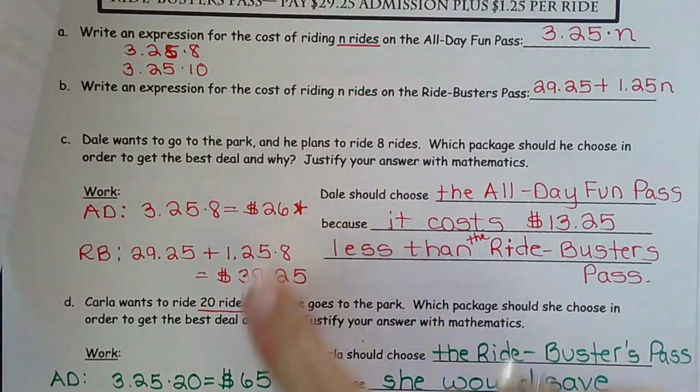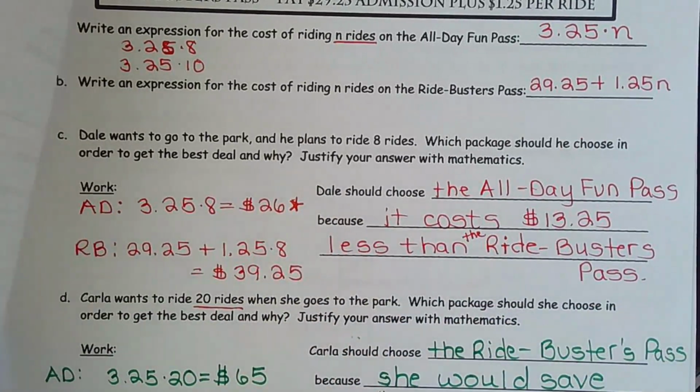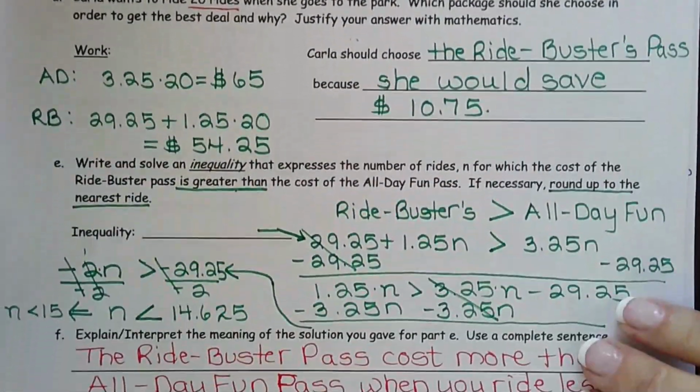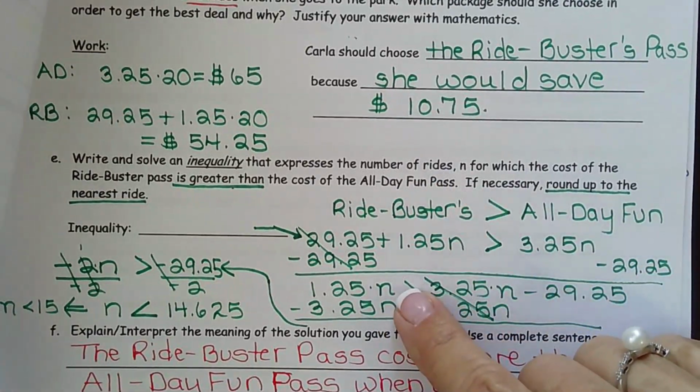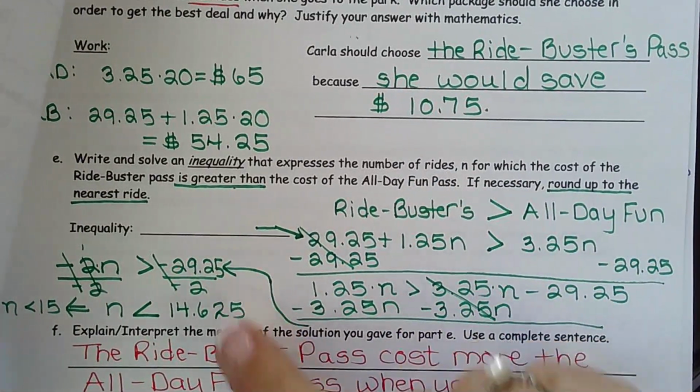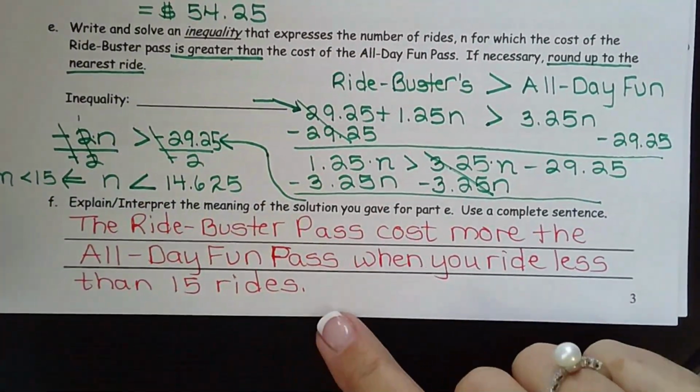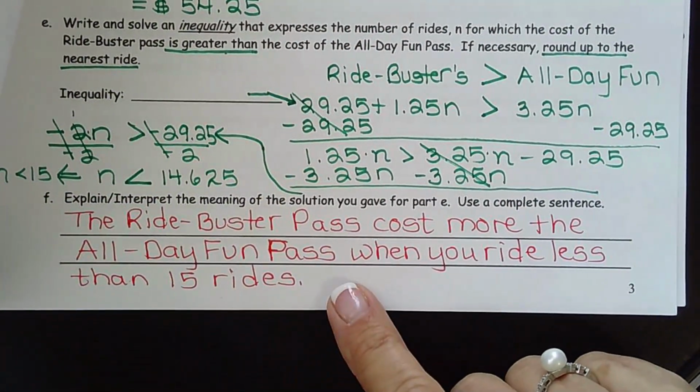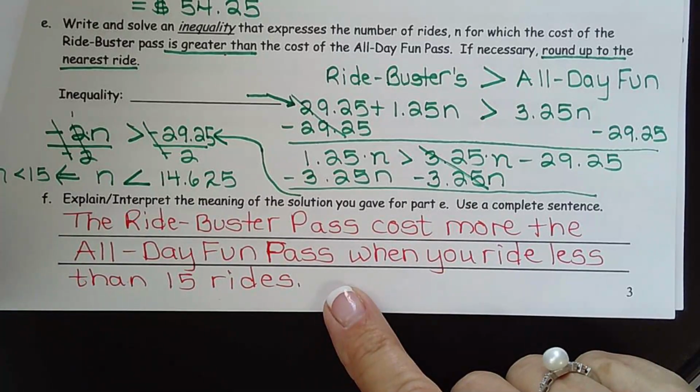Then we worked a couple problems deciding which pass was the best for each person. Then we wrote an inequality, solved the inequality, and stated in words what that inequality represents. So you have the same thing here.